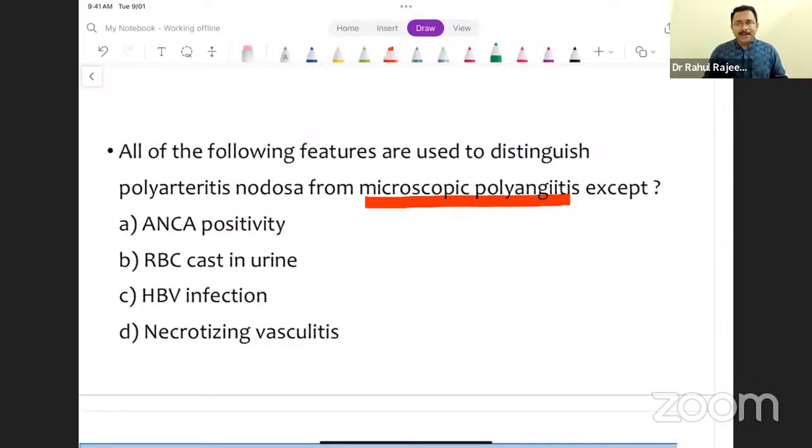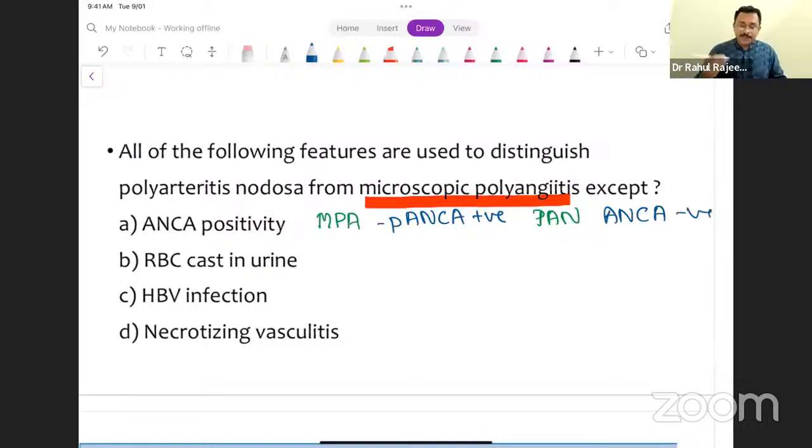Well, ANCA positivity, you know that microscopic polyangiitis, MPA, is having a P-ANCA positive. Okay, microscopic polyangiitis is P-ANCA positive, whereas in case of polyarteritis nodosa, it is ANCA negative.